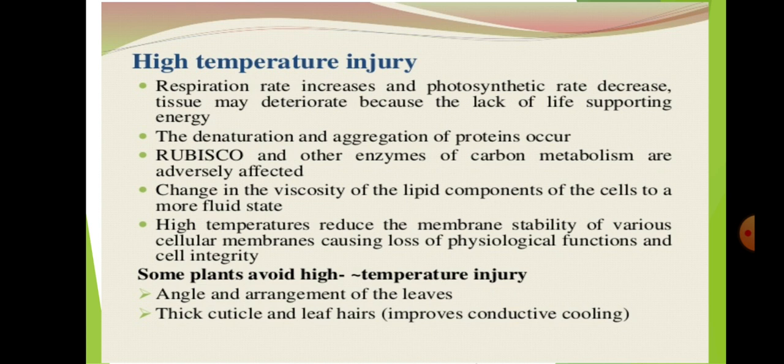Then in some plants, the development of a thick cuticle layer and leaf hairs change the path of light, so the light cannot directly strike the leaves and that protects the photosystem from damage.